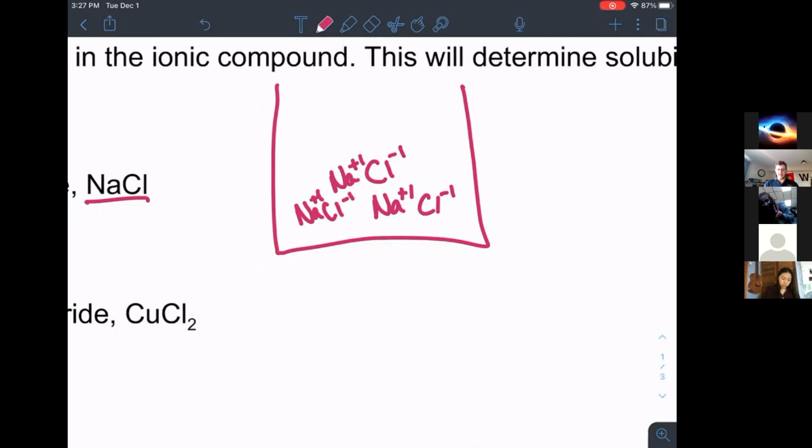So if they stay together, they're insoluble. That means they've stayed together, and we're just going to have some water molecules floating around on the inside.